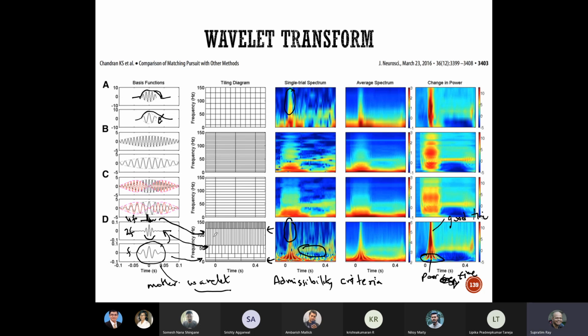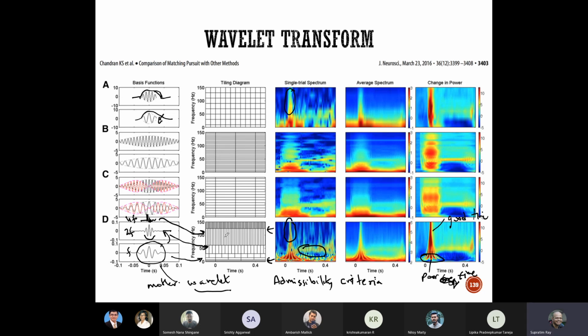My tiles at higher frequencies are squished in time and elongated in frequency. So this is good for capturing transients that have power at higher frequencies. And I have got good frequency resolution at lower frequencies, so I can capture low frequency oscillations like alpha or delta or theta and so on.